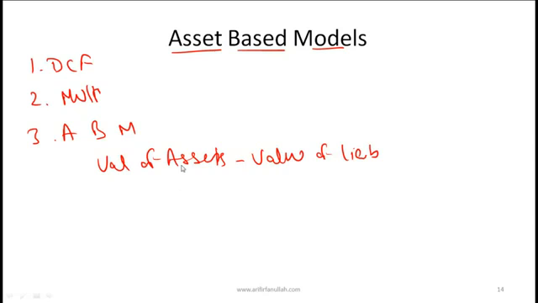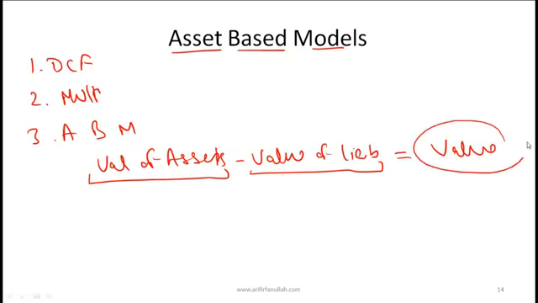So in organizations which have very liquid assets, it would be relatively easy to determine the market value of assets, and generally it is easy to determine the market value of liabilities. So as long as you can easily determine the market value of assets and market value of liabilities, you can then determine the value of the firm based on market value of assets minus market value of liabilities.